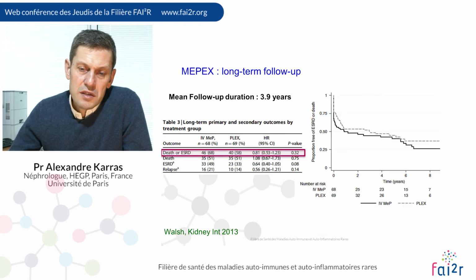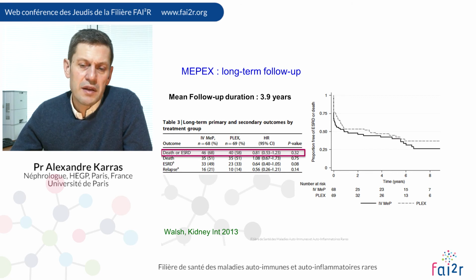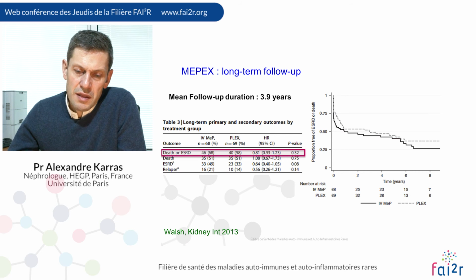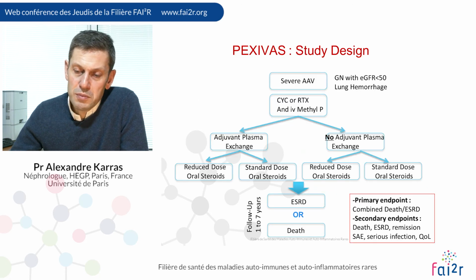The MEPEX long-term follow-up study was published in 2013. The results were less clear than the initial publication, and the benefit of plasma exchange was lost in the long term. This led to the PEXIVAS trial published a few months ago in the New England Journal of Medicine.